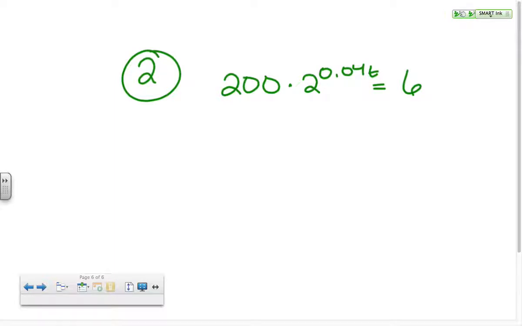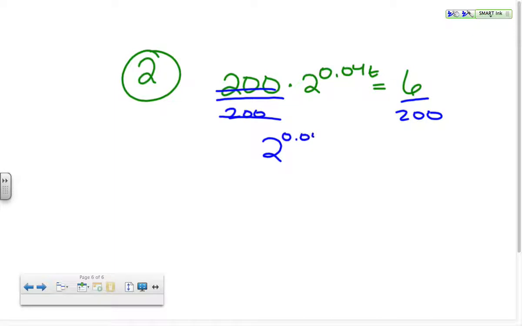So before I even start thinking about logs, let's start thinking about what we can simplify on this. So I'm going to divide by 200, get rid of that. 200s cancel. I'm left with 2 to the 0.04t equals 0.03. Okay, this is an exact decimal. I just put it in my calculator and that's what it spit out.